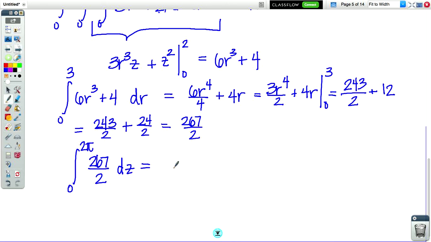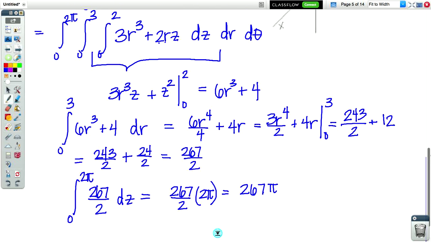We'll figure out what we did wrong here. And when I integrate that, this is going to become 267 over 2 times 2 pi, and that's just going to become 267 pi, and the answer is supposed to be 279 pi, so I messed this up somewhere.